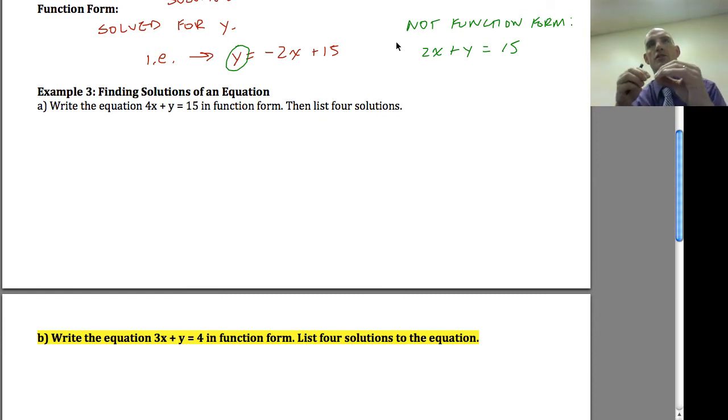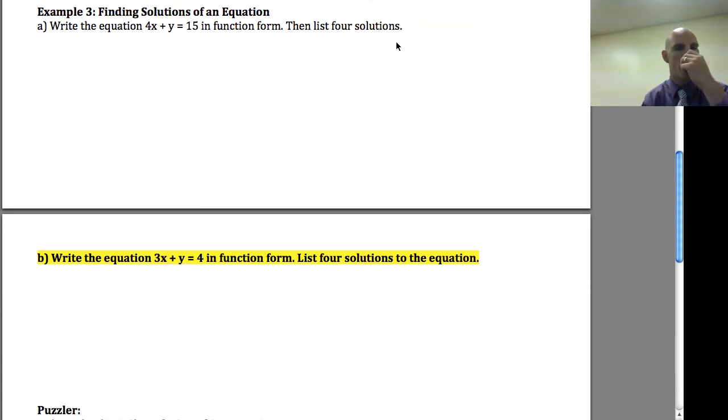And so what we're going to do first when we're finding solutions is solve for function form and then find some solutions. Let's see how it works. Write the equation 4x plus y equals 15 in function form, that is, solved for y. Then list 4 solutions. Well, where am I going to get those 4 solutions? Let's figure that out later. 4x plus y equals 15, and I want to solve for y.